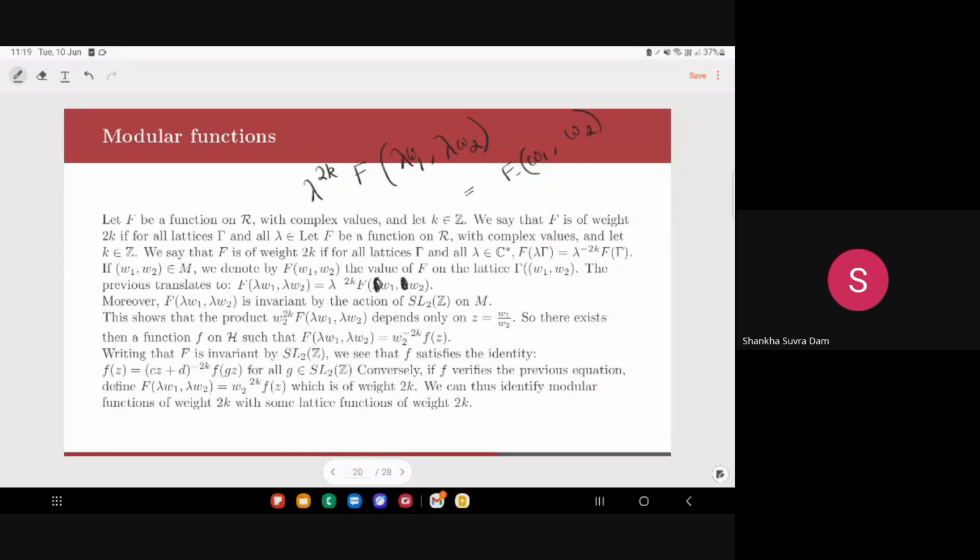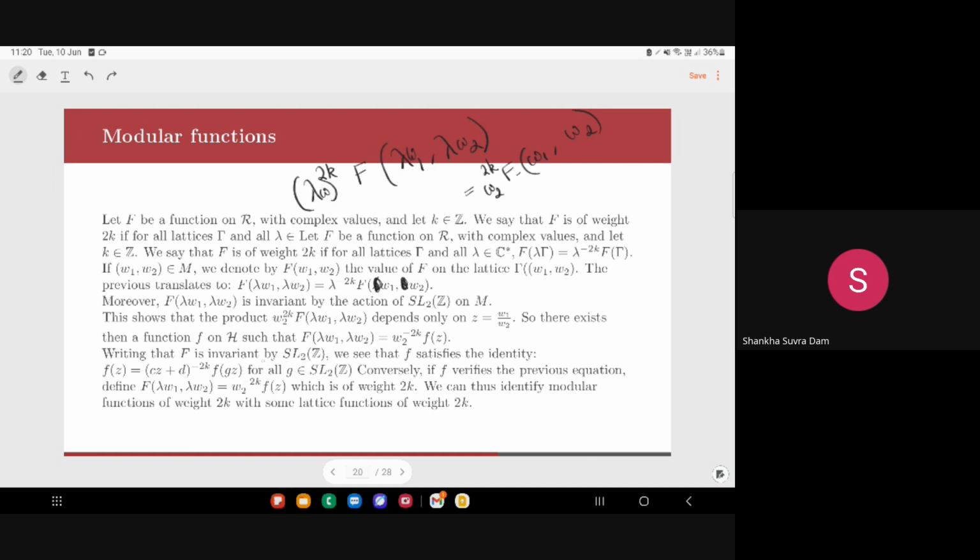Multiply by W2 to the power k. So this is why it remains invariant. This thing here is the same thing as this, and depends only on the ratio. So there exists a function small f on H such that this happens. We're just defining small f to be like this.